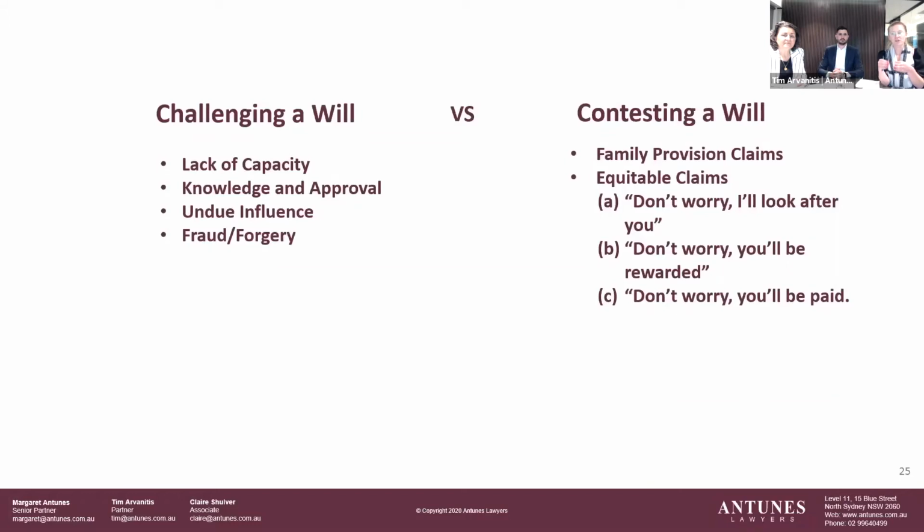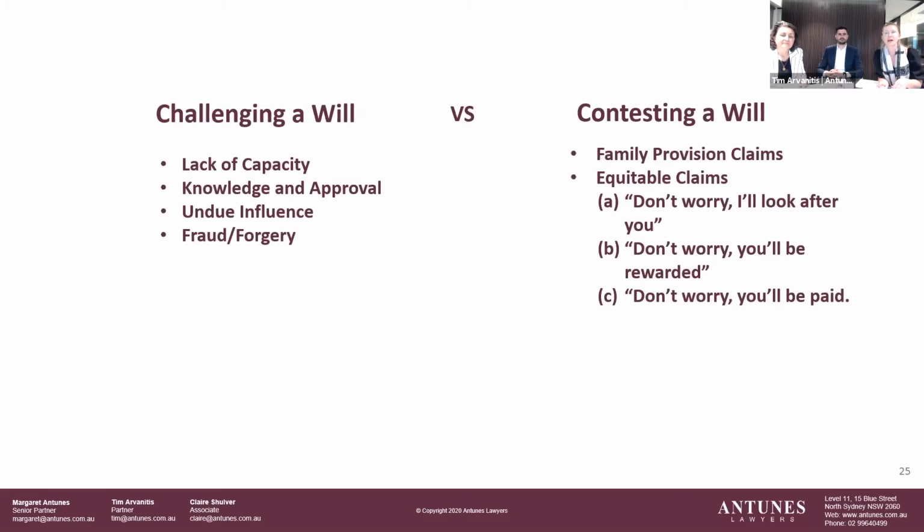And they have to show the court that they have need if they're going to succeed in contesting a will in order to redistribute wealth. So it actually changes the terms of the will, and it's at the court's discretion how the will be distributed based on the evidence provided by the applicant. And the applicant has to be an eligible person.